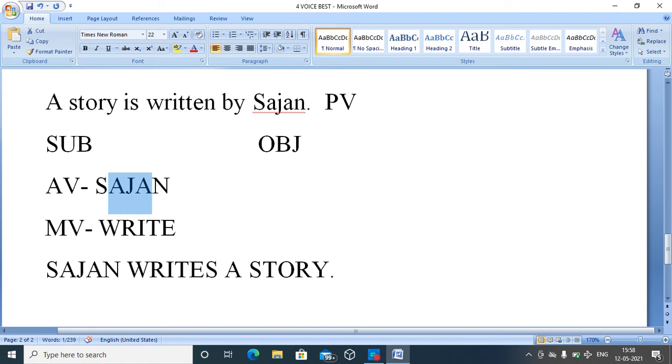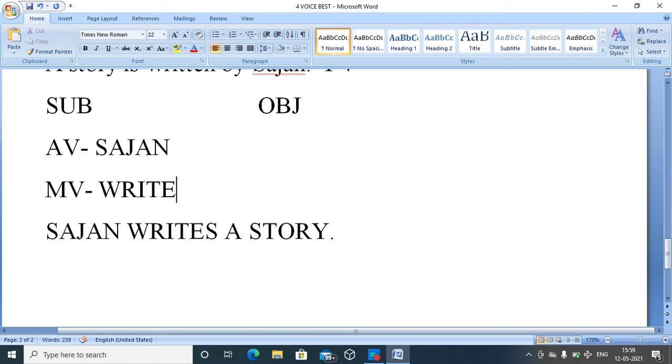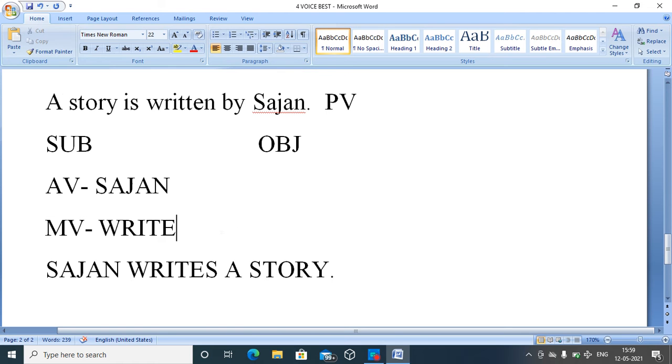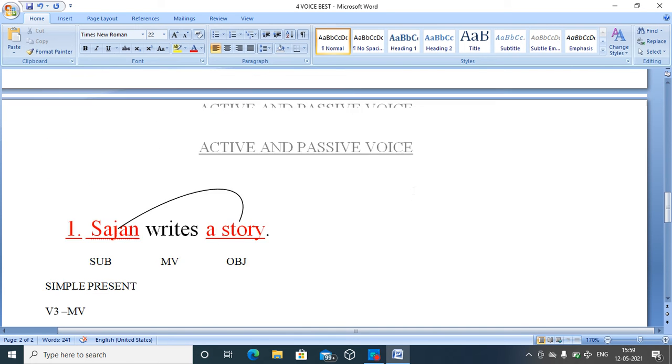Otherwise, when you get a singular subject, a main verb and an object, you can easily make an active voice statement for that particular tense, simple present. So identify the tense, and whether it is an active or passive sentence. It's very important. Otherwise, you are likely to be confused.